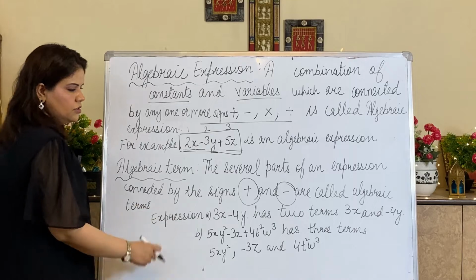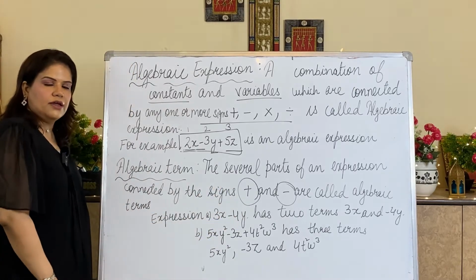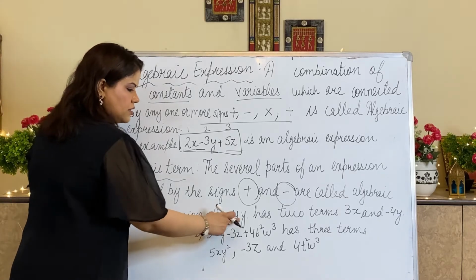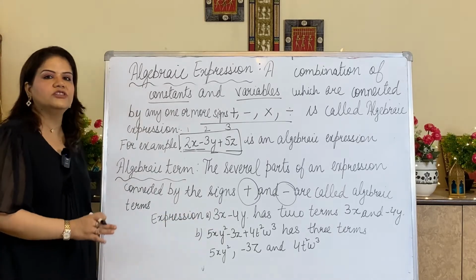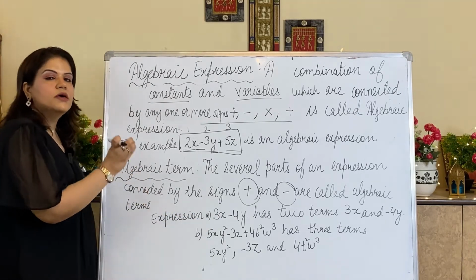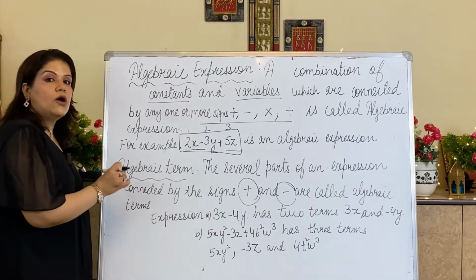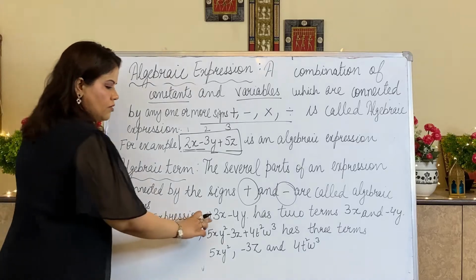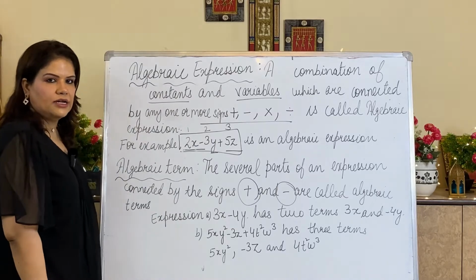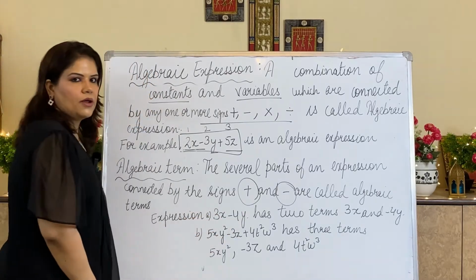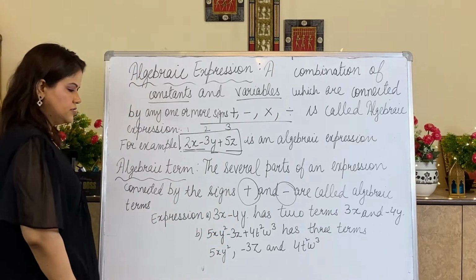Now I am taking this expression 3x minus 4y. How many terms are there? 3x and minus 4y. Now why am I not writing plus 3x? Because in algebra, the first term, if it is positive, is generally written without positive sign. 3x is first term and minus 4y is second term. And this is an algebraic expression which is made up of constants, variables and signs.